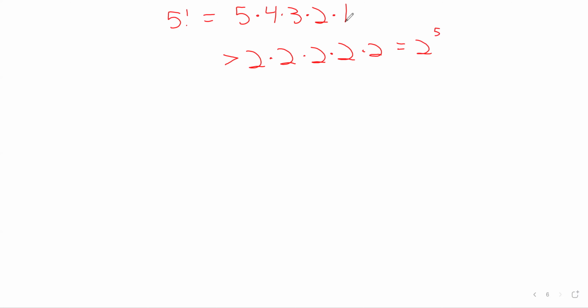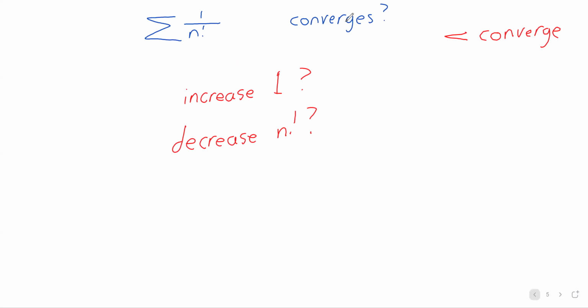In general, n factorial is bigger than 2 to the n. It's a trick, but with that trick we can decrease the bottom and increase the fraction if we replace that n factorial with a 2 to the n.